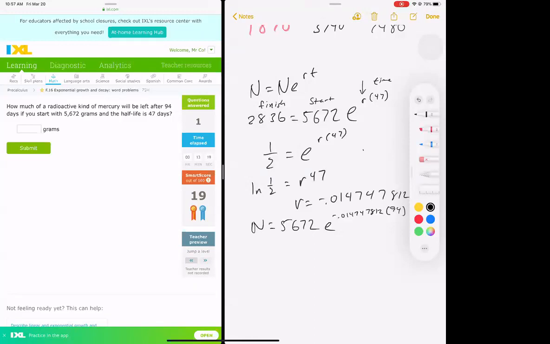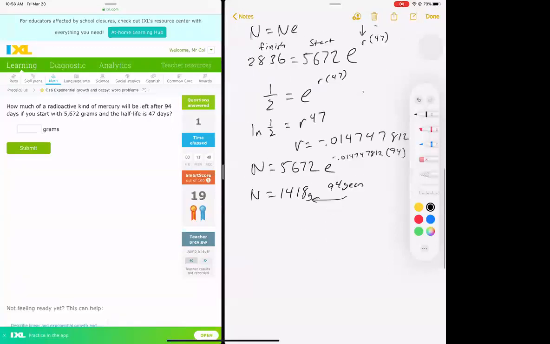So if I plug this into a calculator, times 5672, I got N is equal to 1418. And it's because I carried so many decimal places, it actually gave me a whole number here. It's probably still rounding, but so after 94 days, we end up with this many grams.